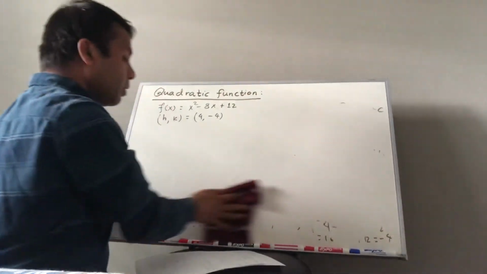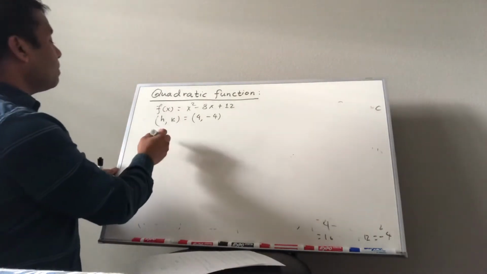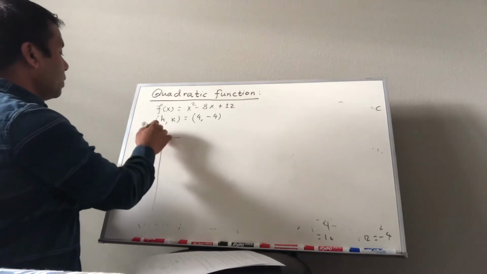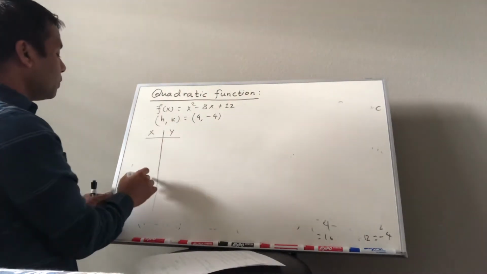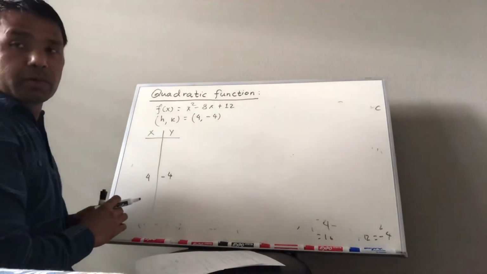If you want to draw the graph of this quadratic function manually, you just simply make a table. So you guys know for h equal to 4, the y value is -4.